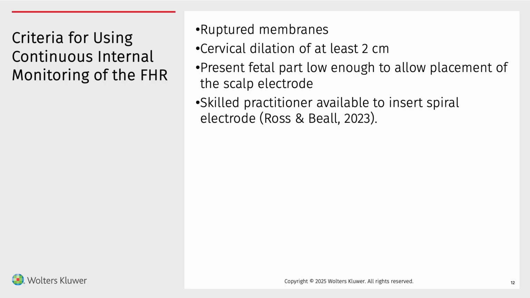And third, the fetal presentation must be low enough in the pelvis to allow safe placement of the scalp electrode. If the fetus is still floating high or in malposition, meaning like they're in a transverse lie, attempting internal monitoring could be dangerous.